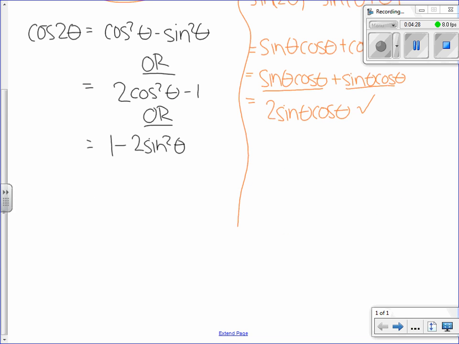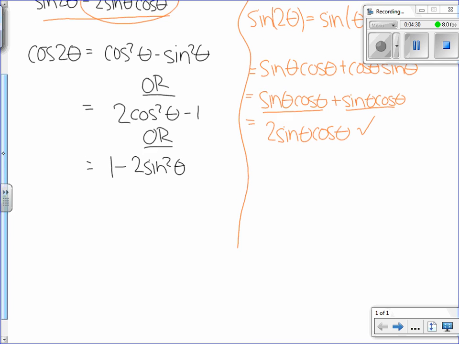We can also do the proof for cosine. Now, there are 3 different double angle identities for cosine. I'm going to do the first one, and we're going to work on the second 2 tomorrow. But I'll prove the first one. So let's do the proof for cosine 2 theta.